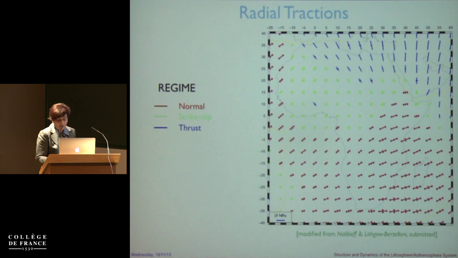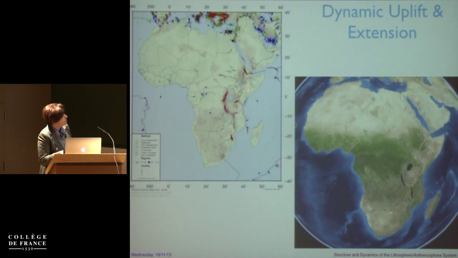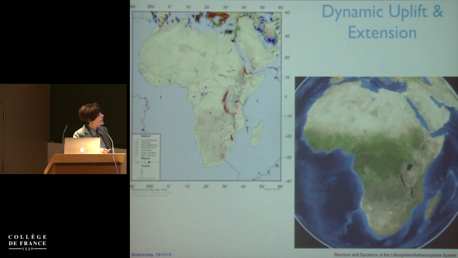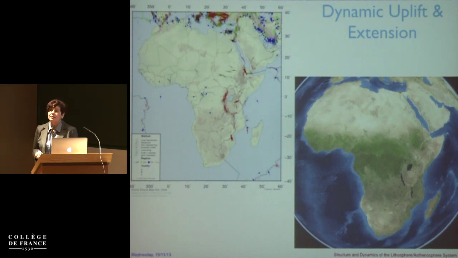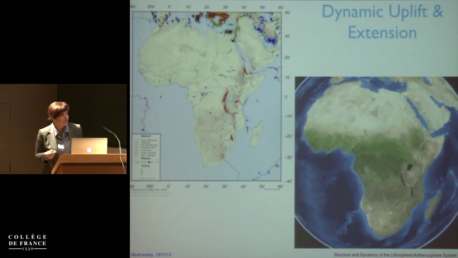Now, you will note, however, that this is probably not the right direction for extension for the East African Rift. And although there are variations in here, you can see by just comparison with this regional view of the world stress map that we're not predicting exactly the right direction. So that is perhaps because there isn't just that one mechanism.